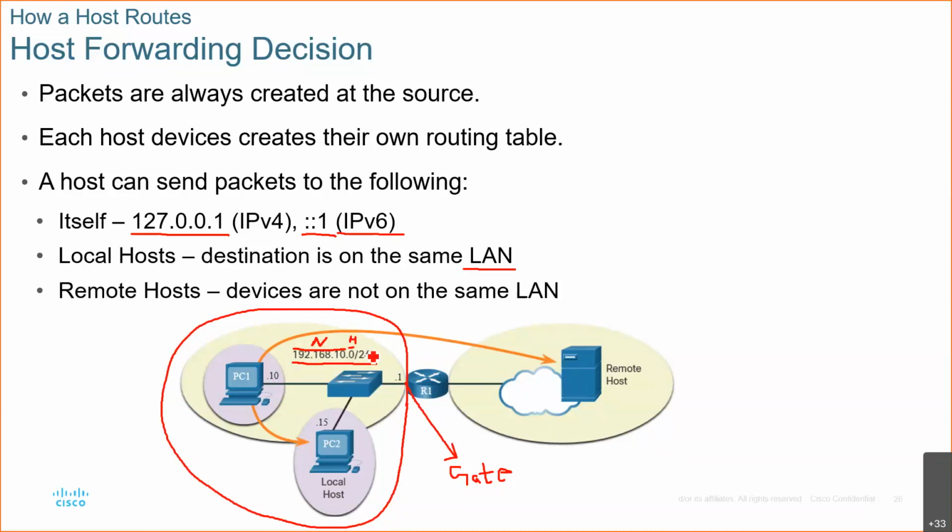Question: how many devices can you add to this network? We calculate over here. How many host bits do we have? 8. 2 to the power of 8 minus 2. What is the result? Anyone? Can you please tell me 2 to the power of 8 minus 2 is how much?